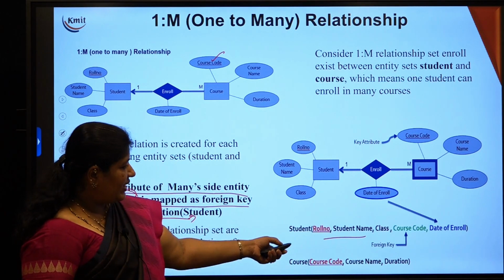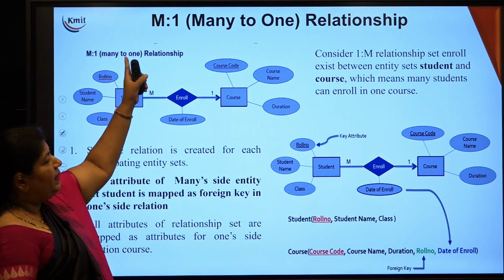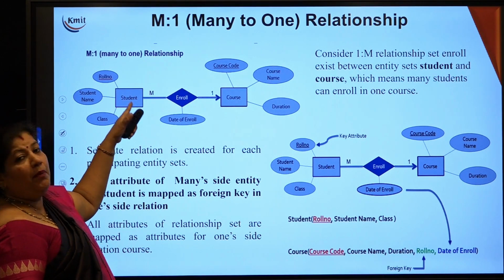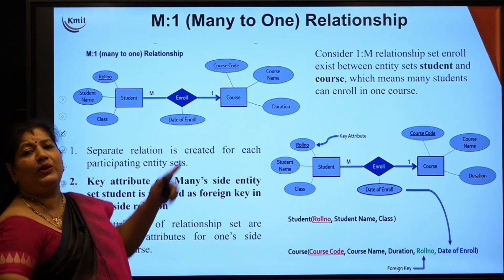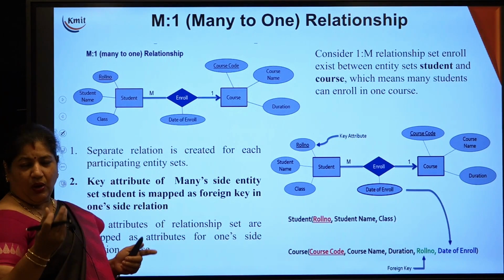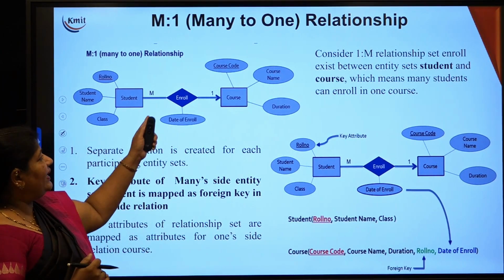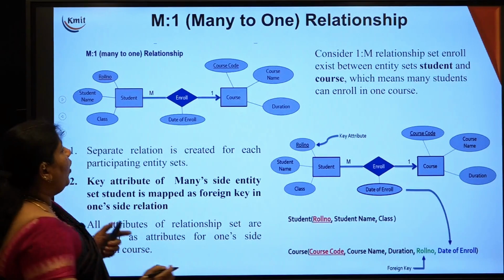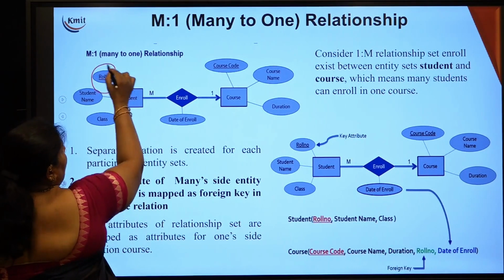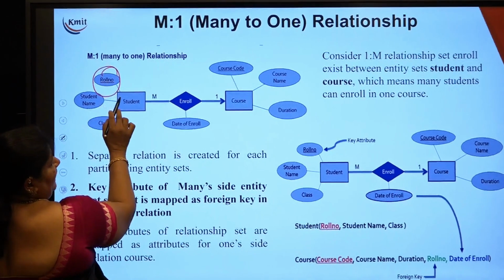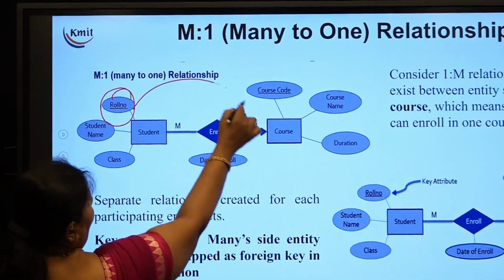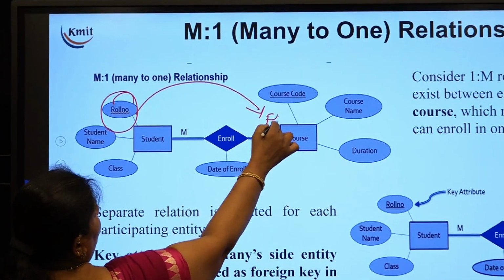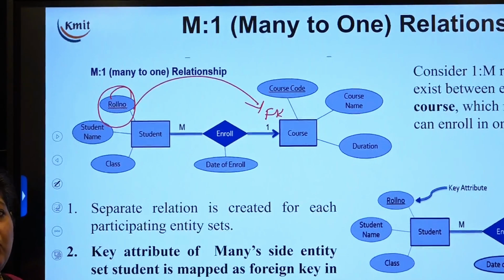So, let us just try to see that. Many to one. Here I am saying many students will enroll into one course. A particular course can have many students. So, we are taking many to one. Automatically the primary key of the many side entity will go as a foreign key into the entity set on the one side.